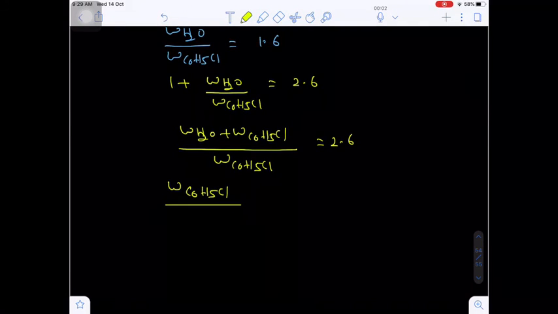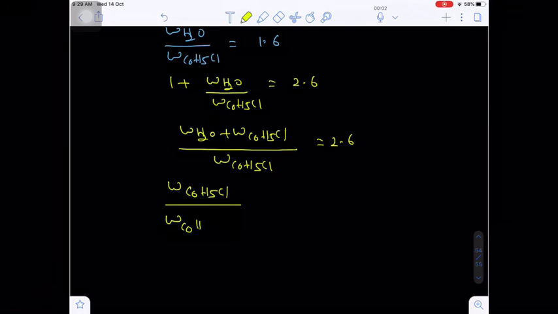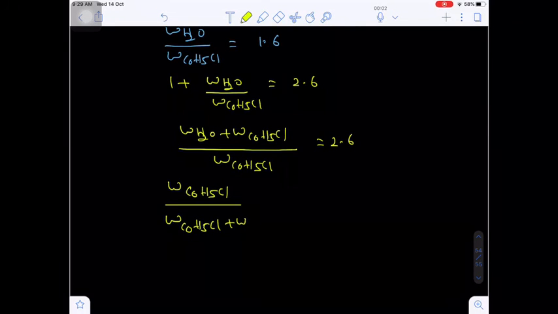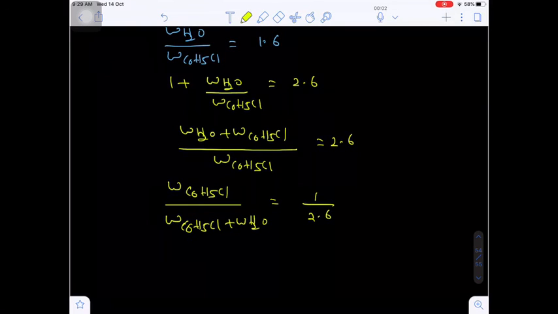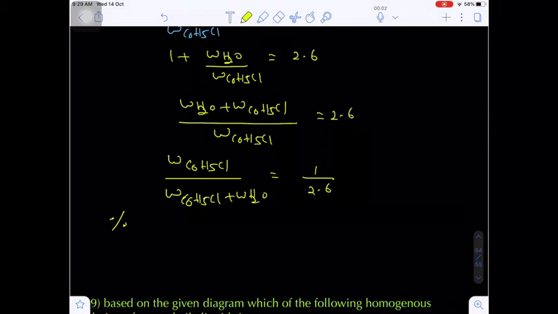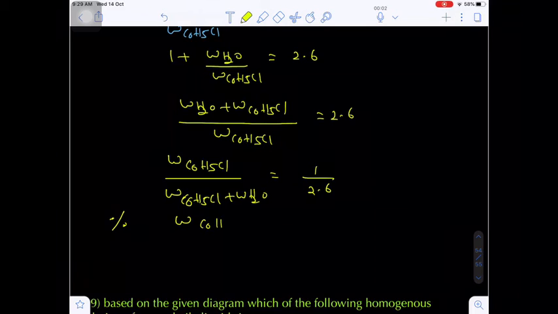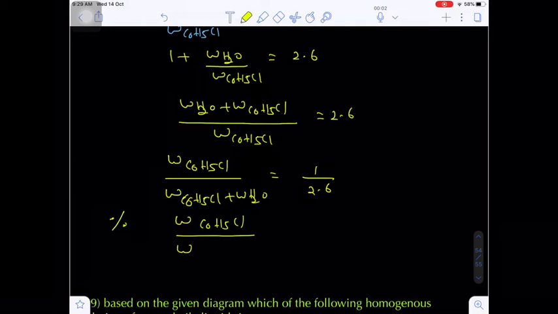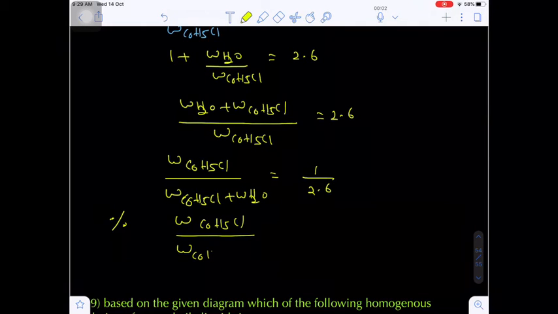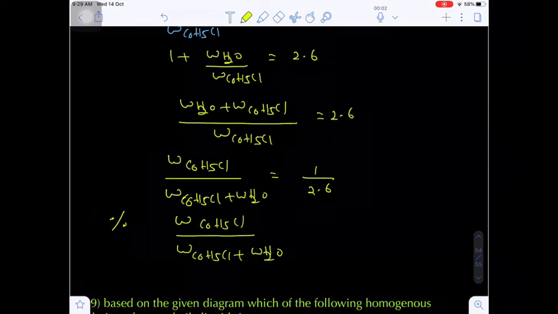So I am taking the reciprocal: weight of chlorobenzene upon weight of chlorobenzene plus weight of water is equal to 1 by 2.6. Okay, and the percentage is asked, so weight percentage of chlorobenzene is weight of chlorobenzene divided by weight of chlorobenzene plus weight of water.